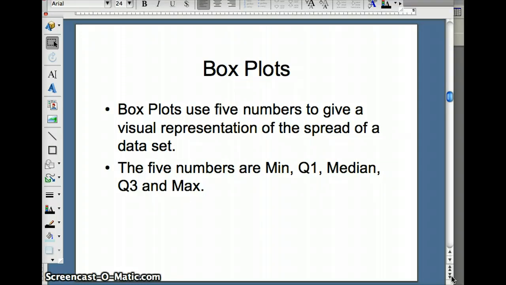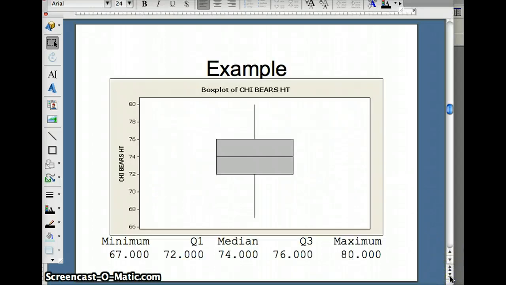Now, one thing we're going to talk about are box plots. We use box plots to give us a visual representation of the spread in a data set. And the box plots use minimum, Q1, median, Q3, and the maximum. An example of a box plot are the numbers we got for the Chicago Bears data. For that data, a minimum of 67, and so 67 represents this number. 72, the median of the first half of the data, represents that number.